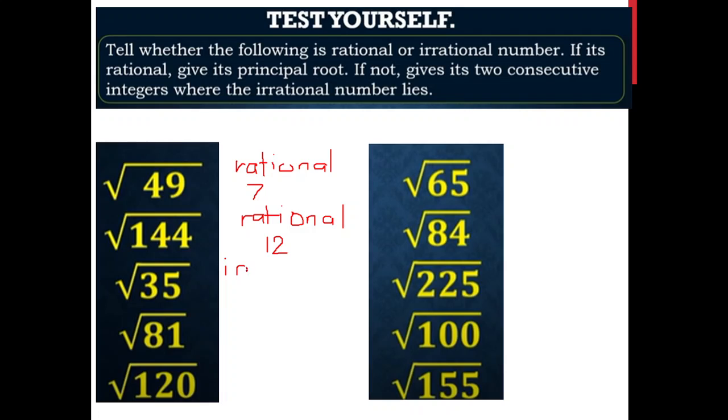Therefore, this is an irrational number. So where does the square root of 35 lie between? It lies between the square root of 25, that is 5, and the square root of 36, that is 6. So it lies between 5 and 6.